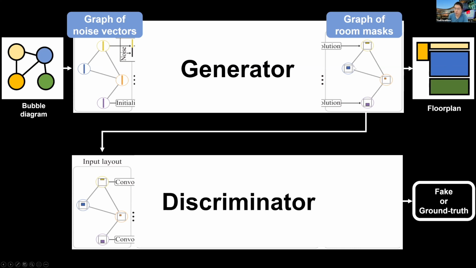And same thing for the other rooms. Each node has a binary segmentation image. So we represent a floor plan as a graph of binary segmentation masks, which is passed to the discriminator. And a GT, ground truth floor plan, is also represented in the same way as a graph of segmentation masks. And D, the discriminator, is trying to say true or false.